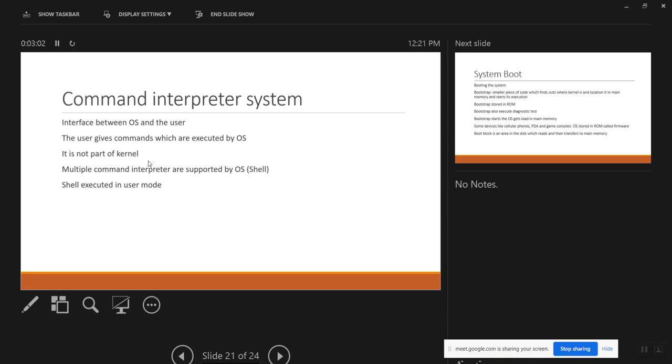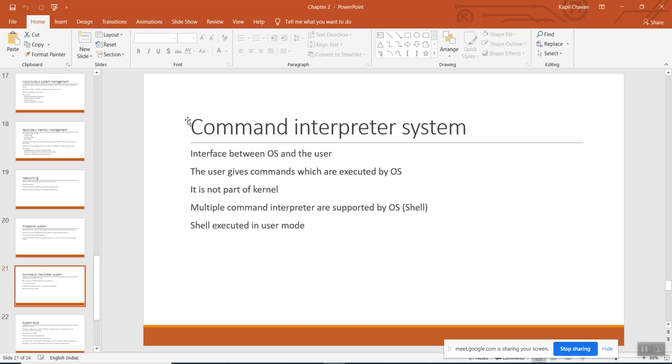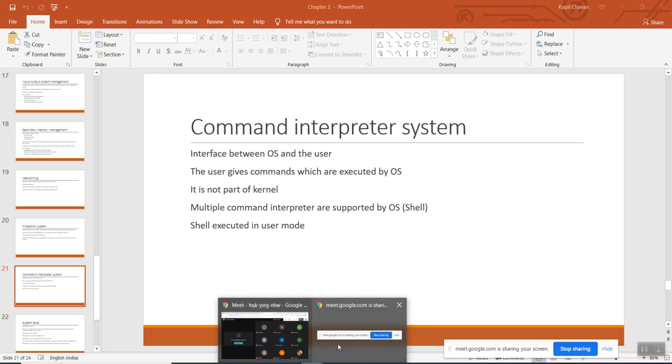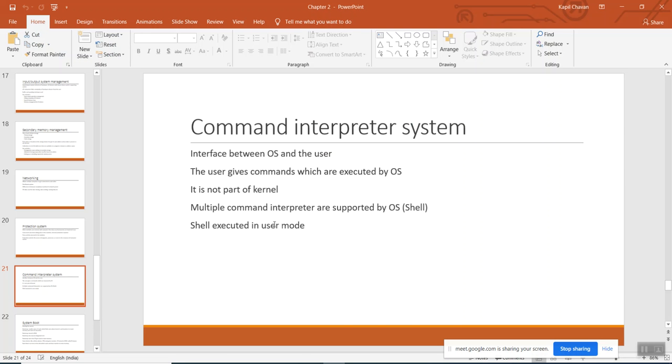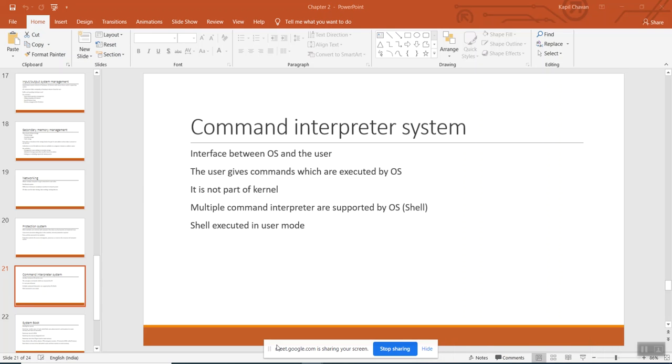The next point is that multiple command interpreters are supported by the OS. Generally Windows supports only one, but on the Linux platform multiple command interpreters are supported, and generally it is called a shell.